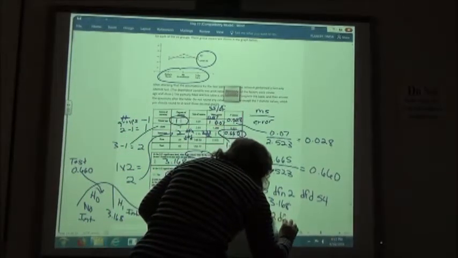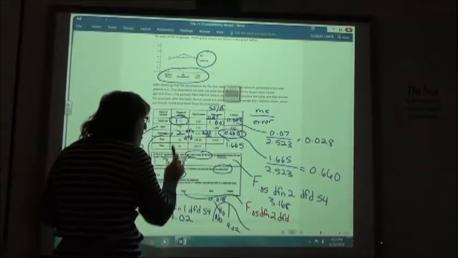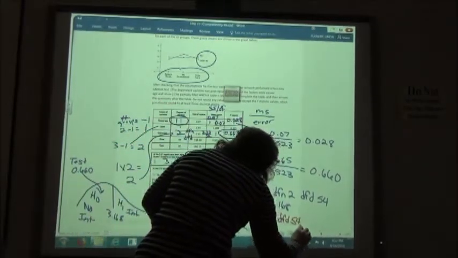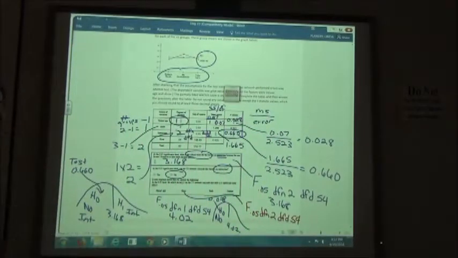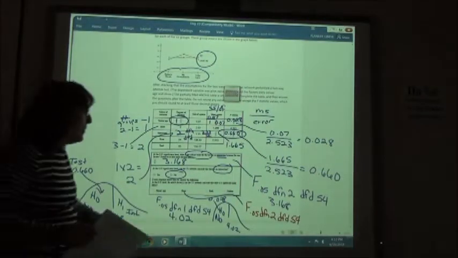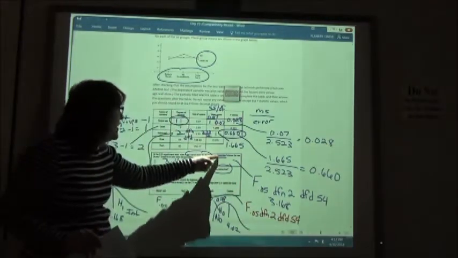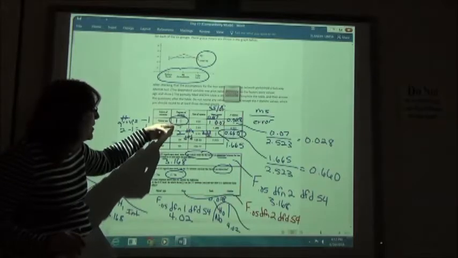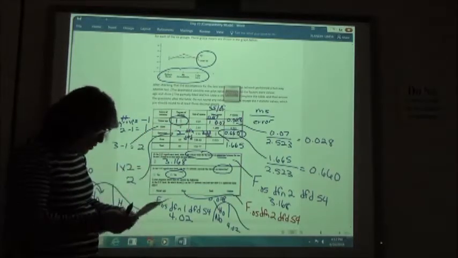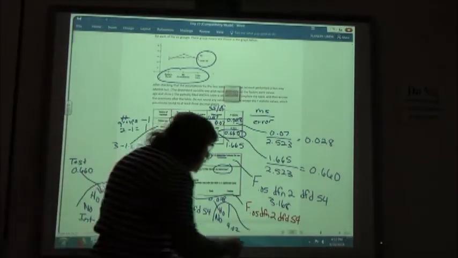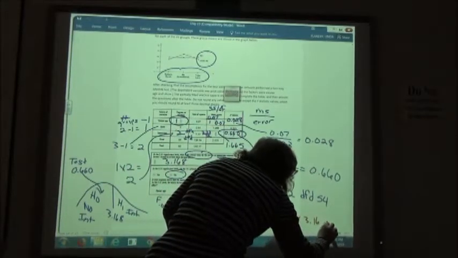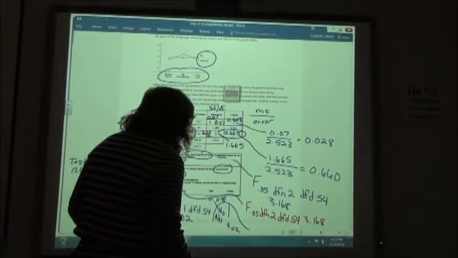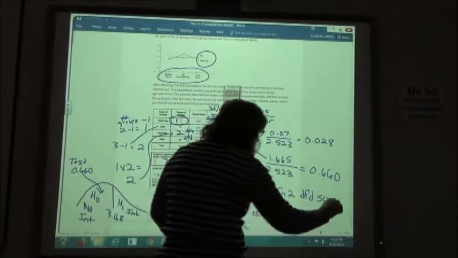And then the degree of freedom in my denominator is my error again, 54. And then I'm going to calculate that value. Well, that happens to be the same thing I did when there was an interaction because my degree of freedom was the same number. So I should get that same value, 3.168.